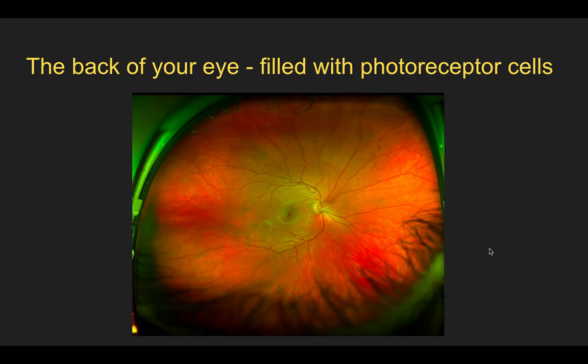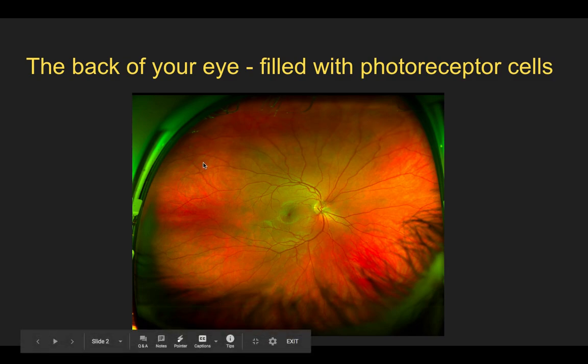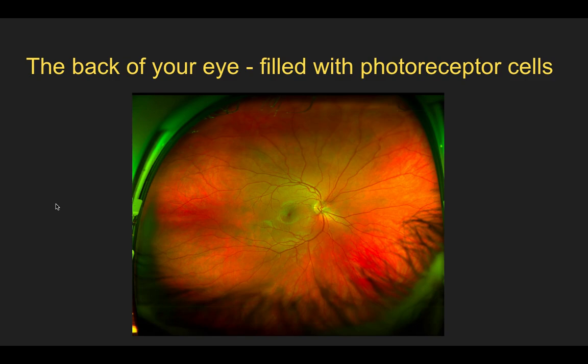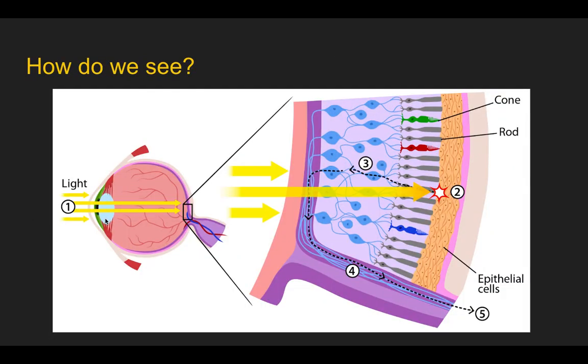Okay, so this is the back of an eyeball. When I say back, I don't mean the back of the outside surface. I mean the inside. So this is your pupil, and light comes in through the pupil, and this part right here is the back of your eye, on the inside of the ball.